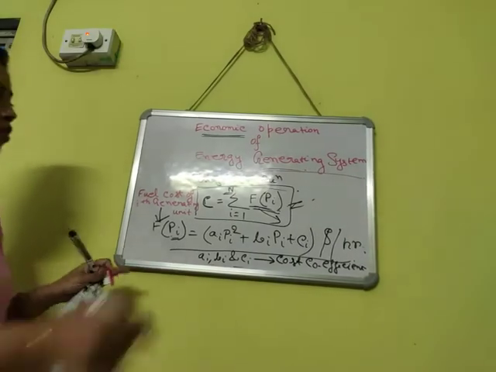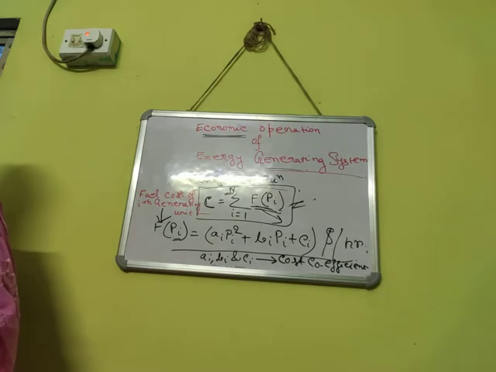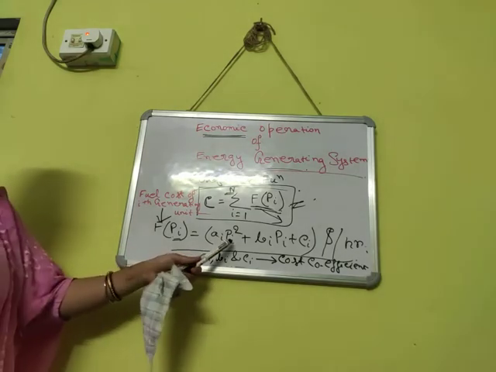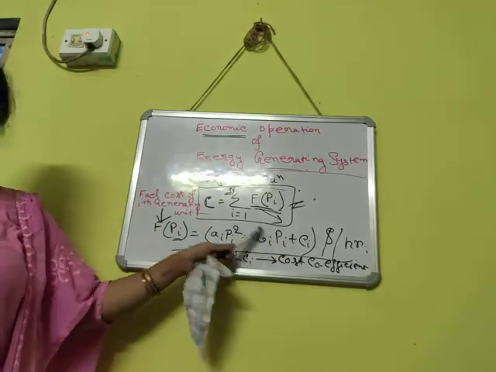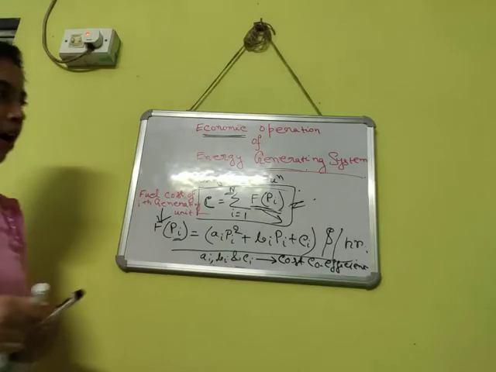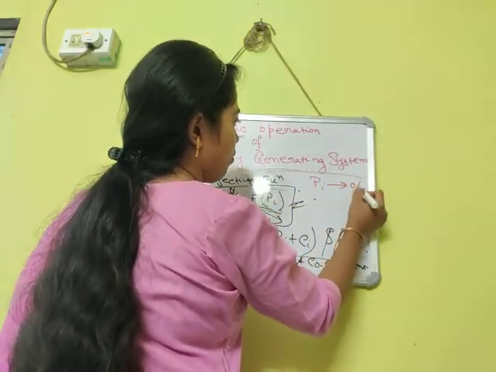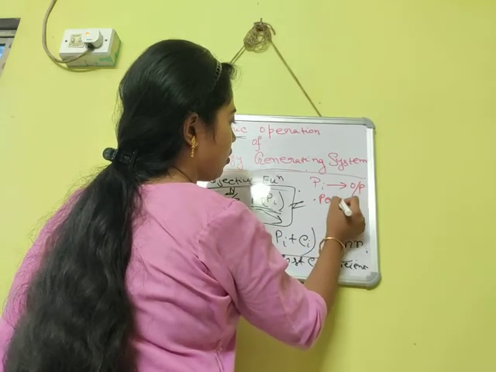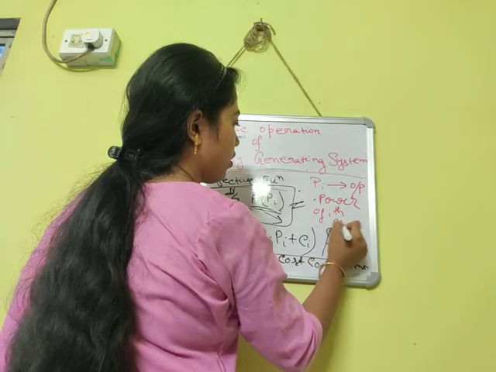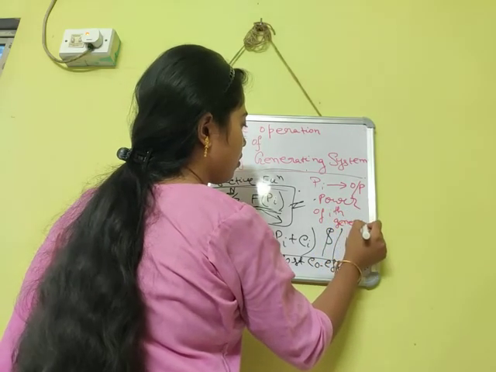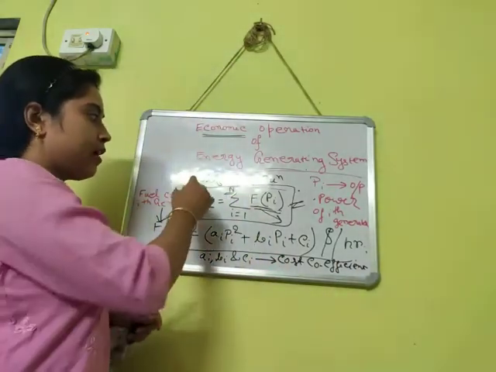Okay, so the cost function, the objective function, is like that, and Pi represents the output power of the ith generator. Okay, so that is our target.